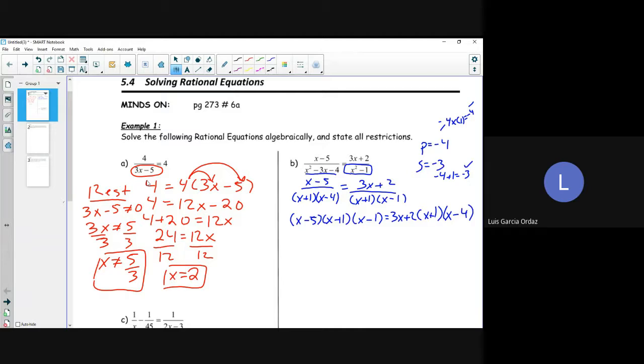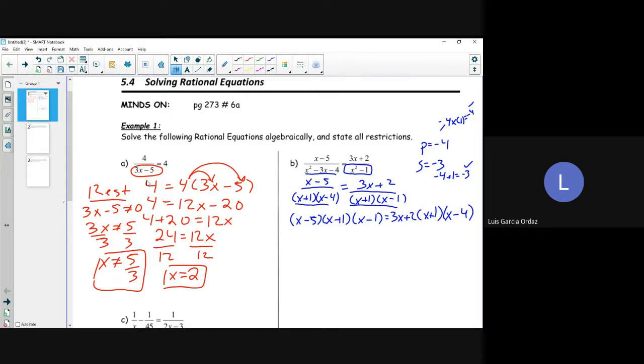Wait, sir. This is the only thing I remember from grade 11. Don't we have to do restrictions for every step? Well, you can do the restrictions at the beginning, so we can just look at the denominators right away. Yeah, that's what I was saying. So we can identify our restrictions first, that way you don't forget it at the end.